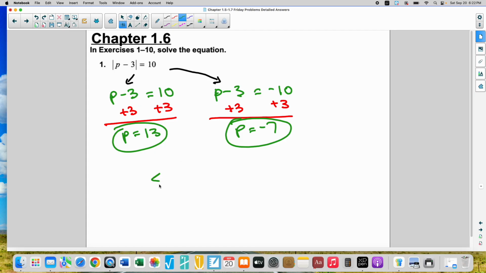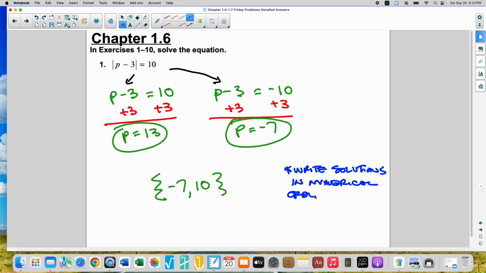So when I write my solutions, I'm always going to write them in solution sets. So write, no, that's not how you spell write. Write solutions in numerical order and in braces.